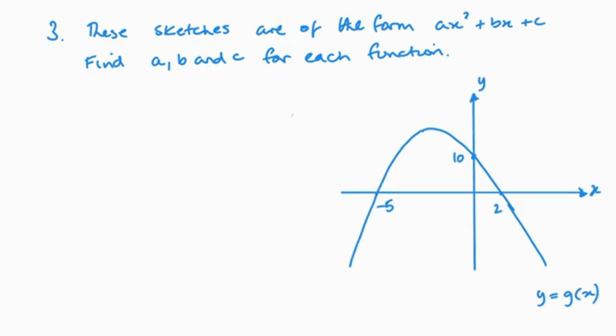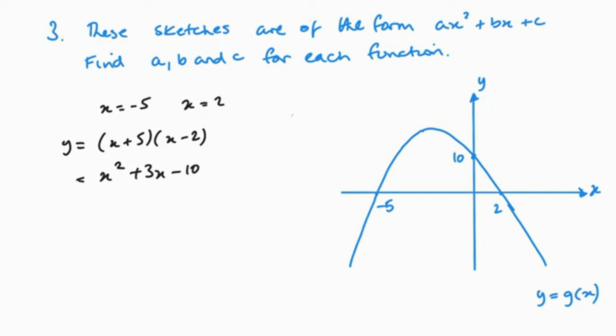So again, let's look at it. So x equals minus 5, x equals 2, so (x plus 5)(x minus 2). That's what we're thinking about. Let's expand. So we get x squared, and we've got 5x take away 2x, so plus 3x, minus 10.